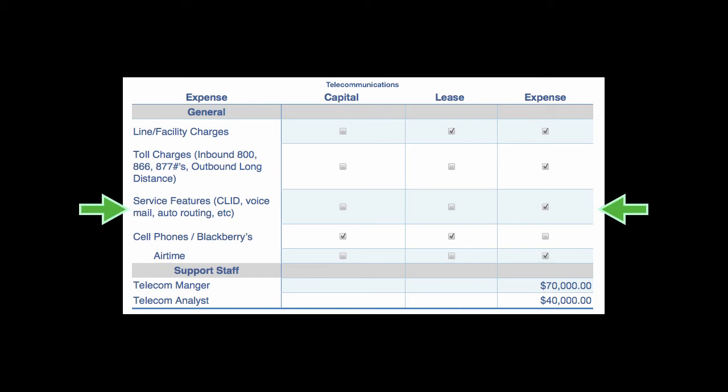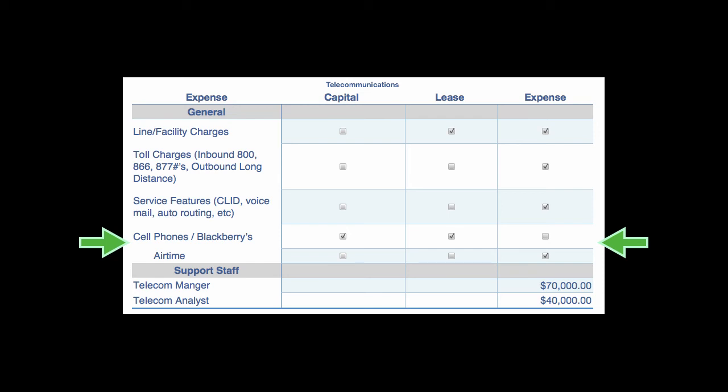Then there will be other things such as service facilities, calling line ID, voicemail, automatic routing on your line and facility charges. You may even have a capacity feature that allows you to grow the number of lines in a very short period of time. That may be an add-on service feature. So look at some of those charges as well. Don't forget, the proliferation of cell phones, Blackberries, iPhones for support on your management team.